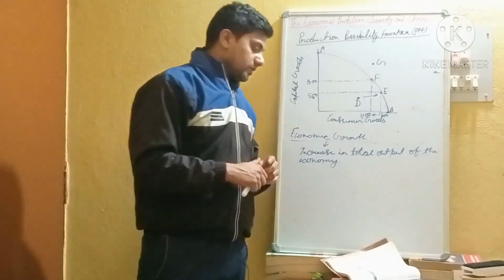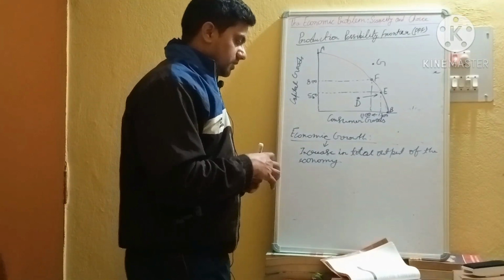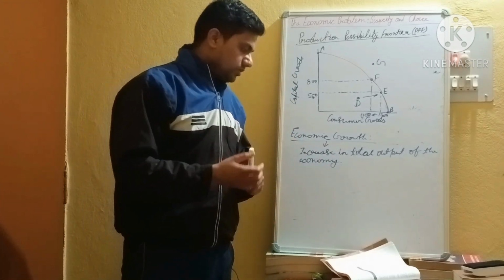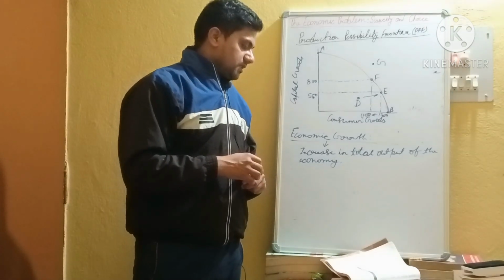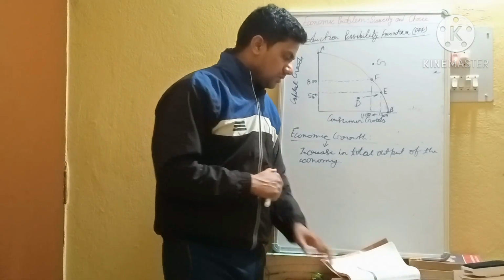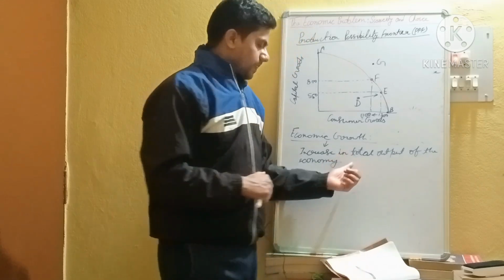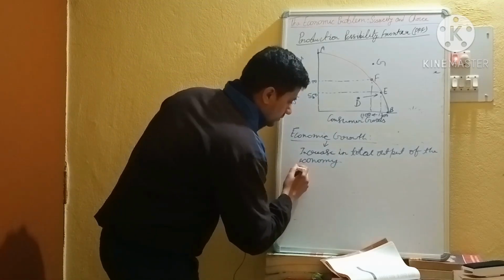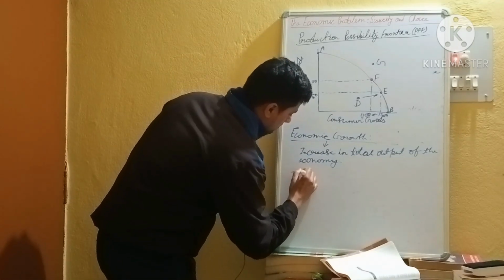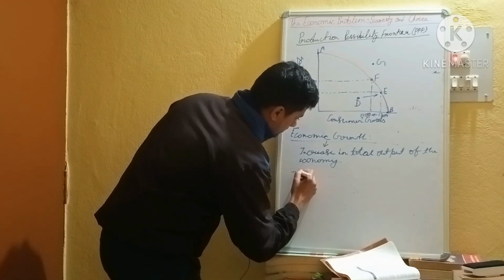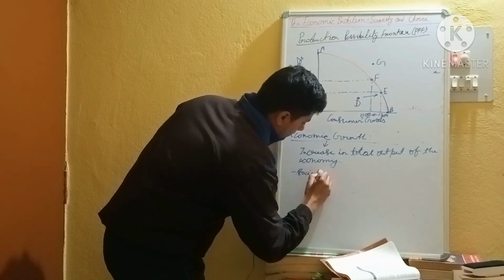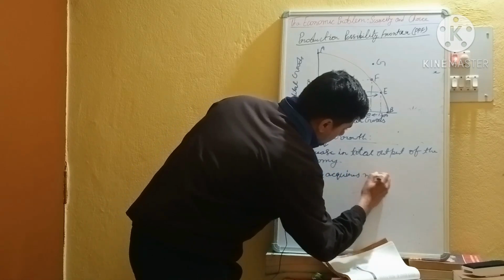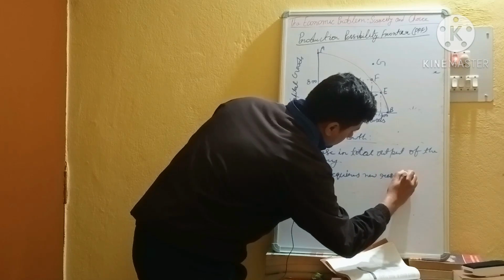So economic growth occurs when society acquires some new kinds of resources or some new technology to produce goods and services. So I can write down society acquires new resources.